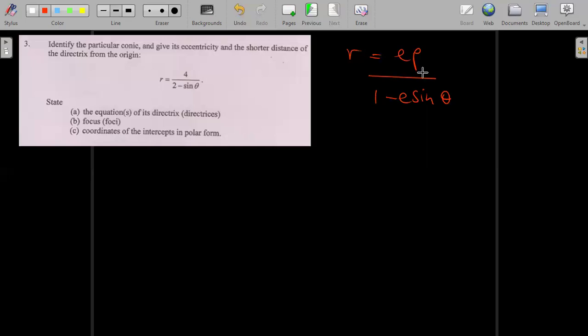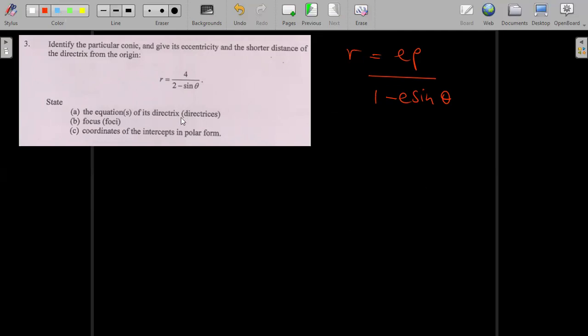Other versions are r equals ep over 1 plus e sine theta, and r equals ep over 1 minus e cos theta, and then the other one with plus. The one they've given us is like the first one.